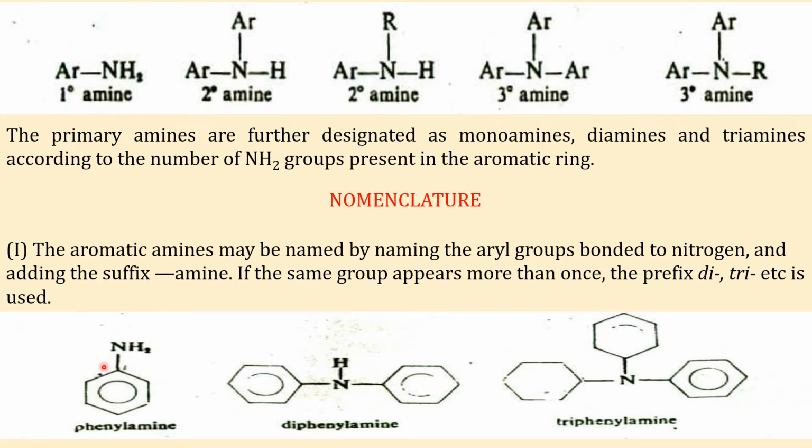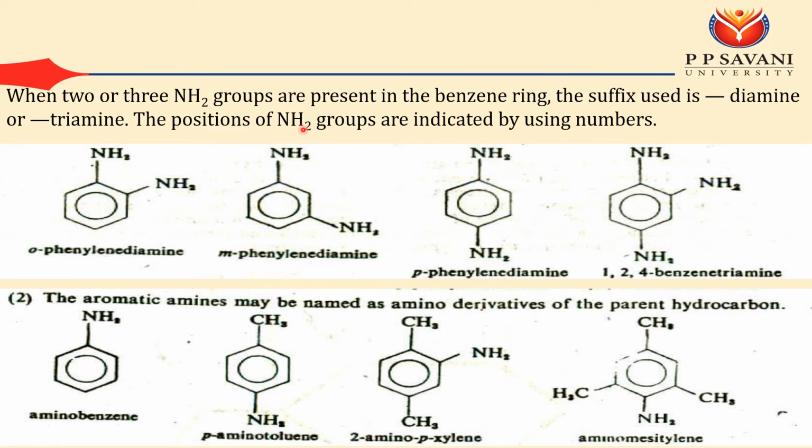So this is a phenylamine, this is a diphenylamine, and this is a triphenylamine. You can say this is a primary amine, this one is a secondary amine, and this one is your tertiary amine. According to this, you can use the di, tri suffix. If more than one NH2 group is present, you write di, and if there are three NH2 groups, you write tri as a suffix.